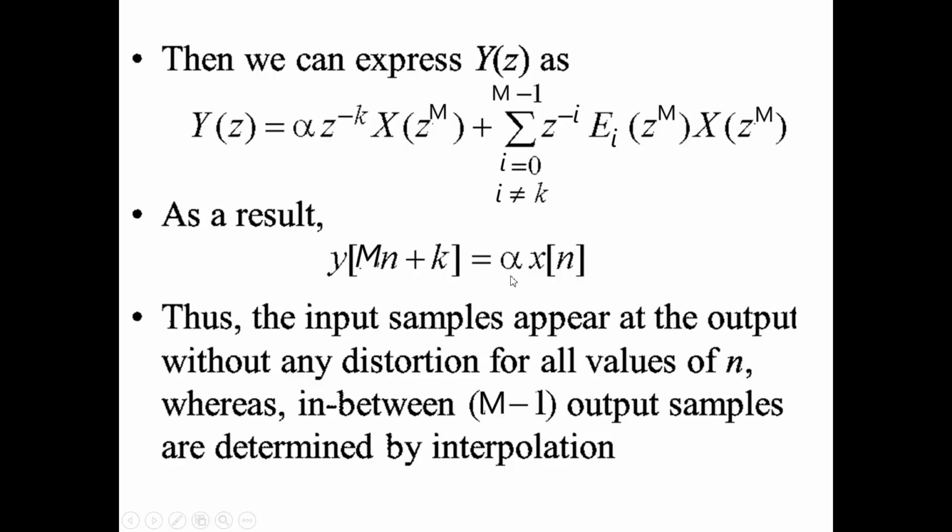Because alpha is a constant, the output will be equal to x[n]. So all the input samples appear at the output with no distortion, because y equals alpha, which is a constant, times x[n]. That means we are able to recover all the samples at the output without any distortion for all values of n, and all the rest of the capital M minus 1 output samples will be determined by interpolation.